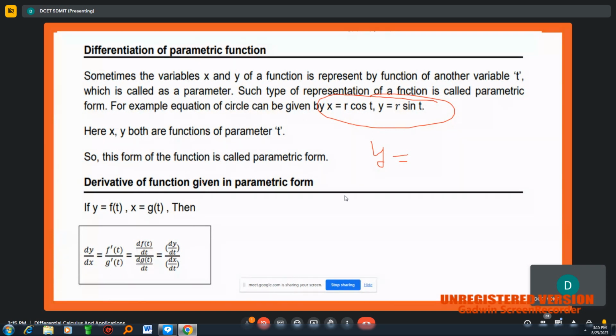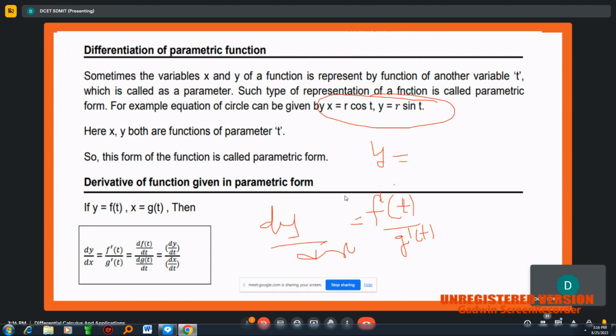Derivative of a function given in parametric form: if y is equal to f of t and x is equal to g of t, then dy by dx is equal to f dash of t divided by g dash of t.